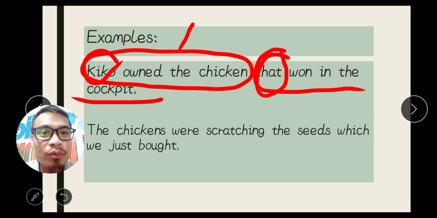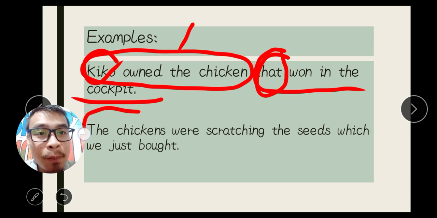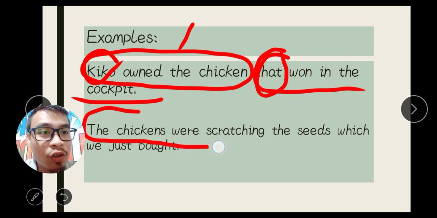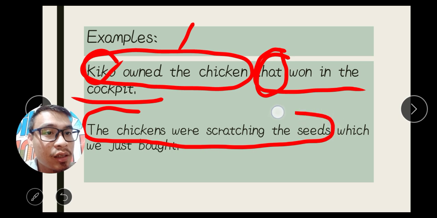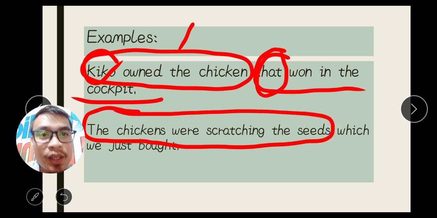And second, we have the chickens were scratching the seeds which we just bought. So in here, two clauses. The first one is the independent clause. The chickens were scratching the seeds. This is our independent, meaning the sentence can stand alone.